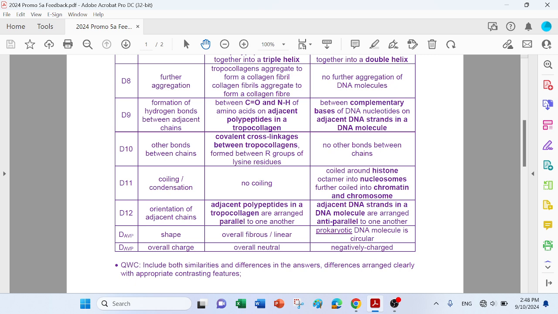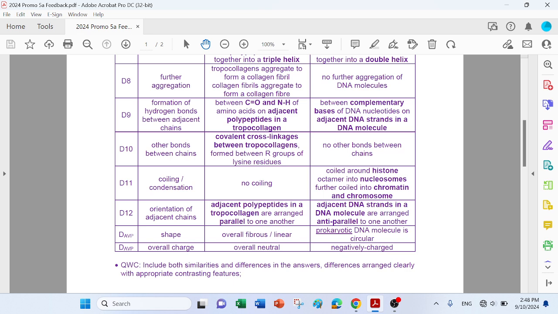So I don't know whether I can say that collagen is 100% uncharged or neutral, but since most of the amino acids in collagen that we know of are not charged, I accepted this as a point also. It should be overall close to, if not neutral, versus DNA molecules, which are negatively charged. So I accepted this as an extra point as well, while it was not in my original answer. Okay, so therefore, again, AVP.